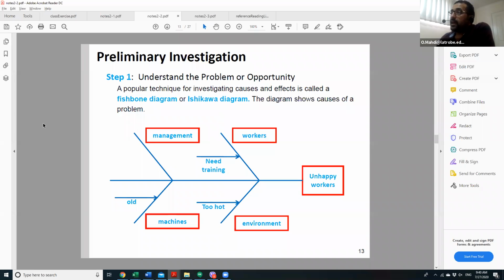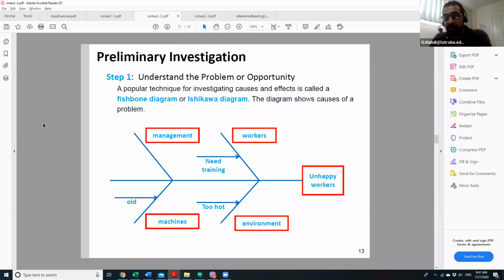Now, regarding step one, understanding the problem or the opportunity, what does that mean? When you put in your system request, me as a system analyst, I will study the problem that you're asking for. I will see, is it really a problem?